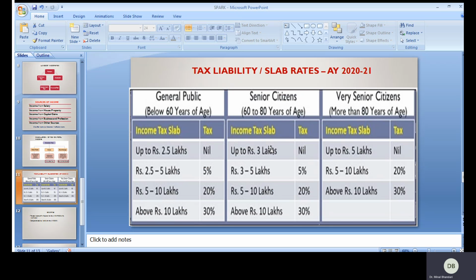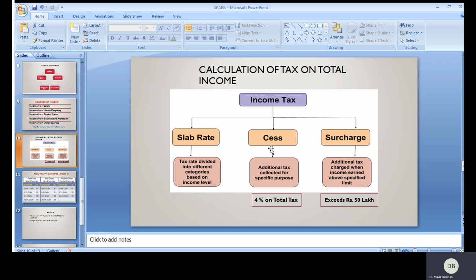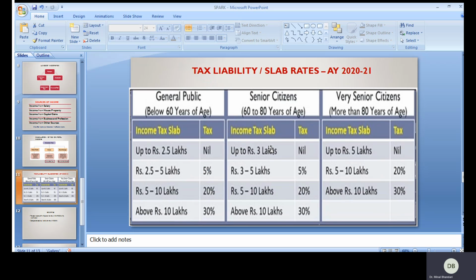Now, the first part, that is the slab rate, which we will discuss. These are the slab rates or tax liability for the assessment year 2020-21. This is a somewhat familiar part for all non-commerce people, that is the income tax slab.